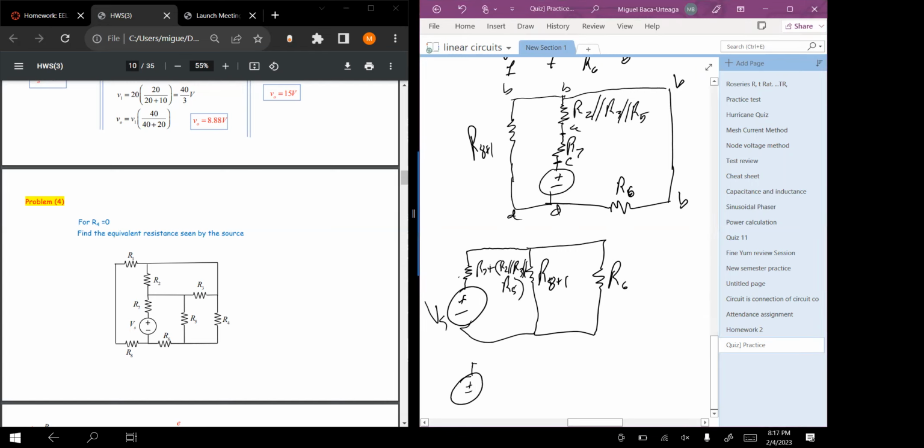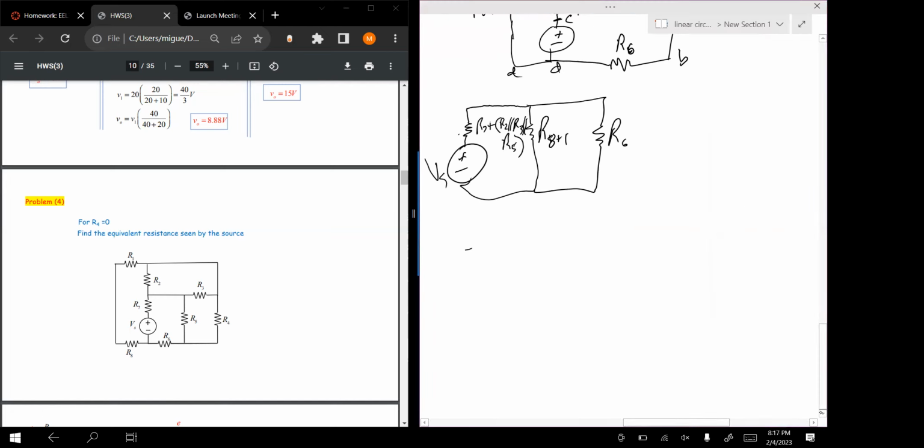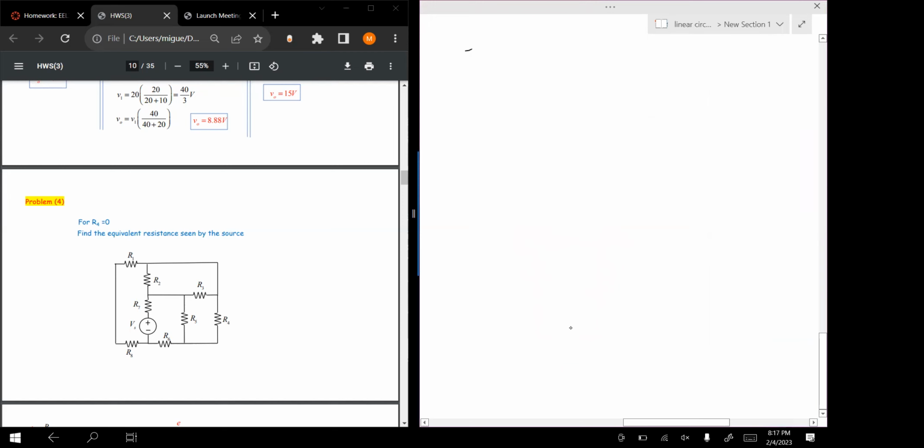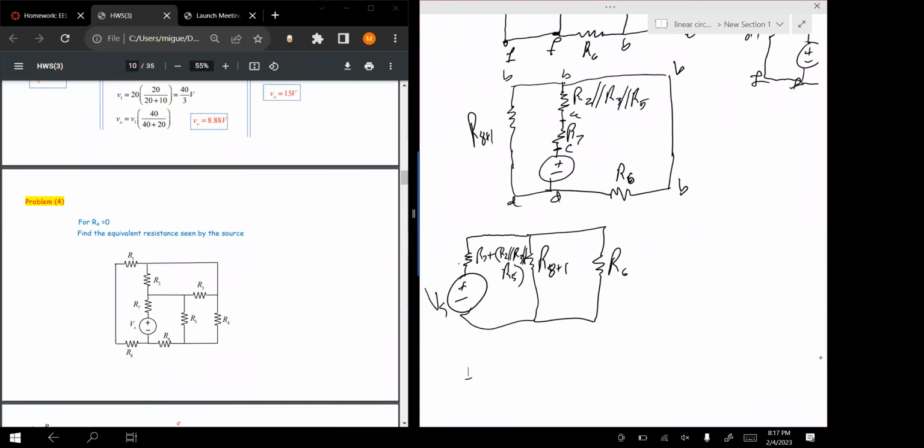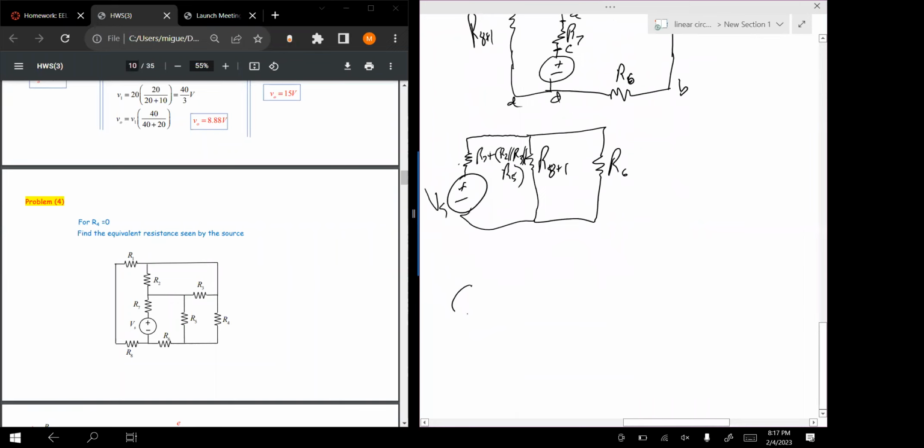Plus minus, squiggly, squiggly. This is going to be R8 plus 1, R6, and then this is all of this. I'm just going to draw an arrow like that. That's a lot to write.